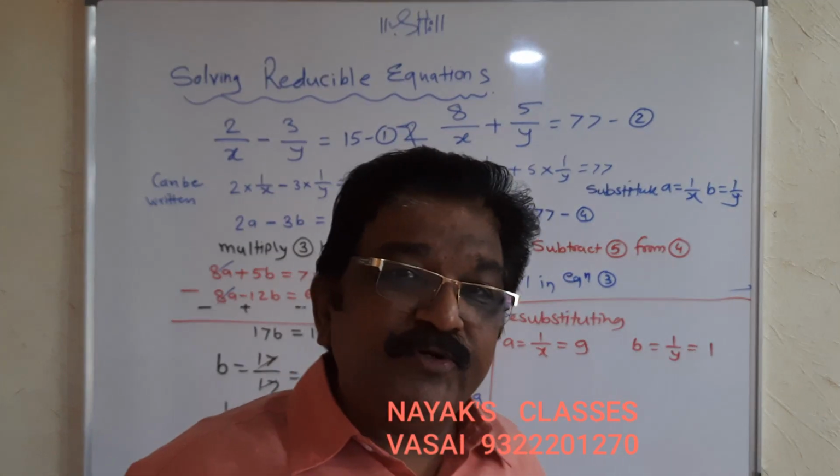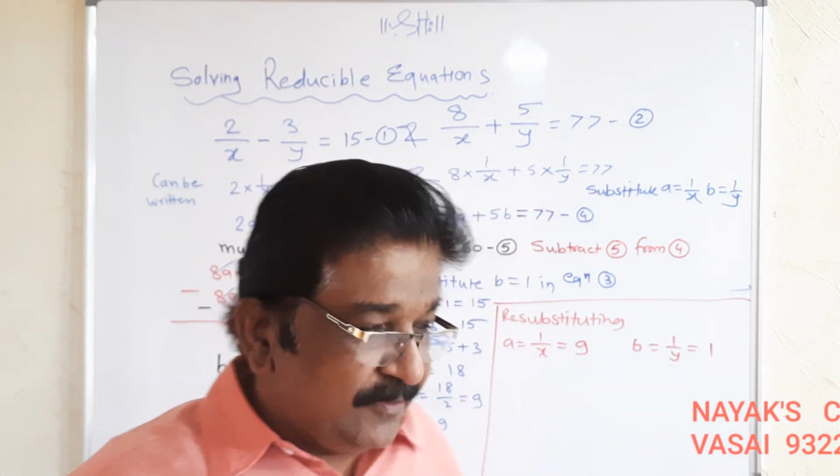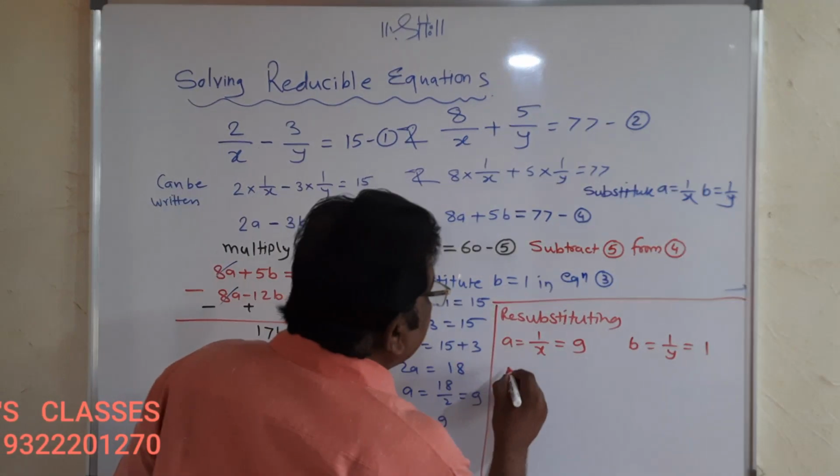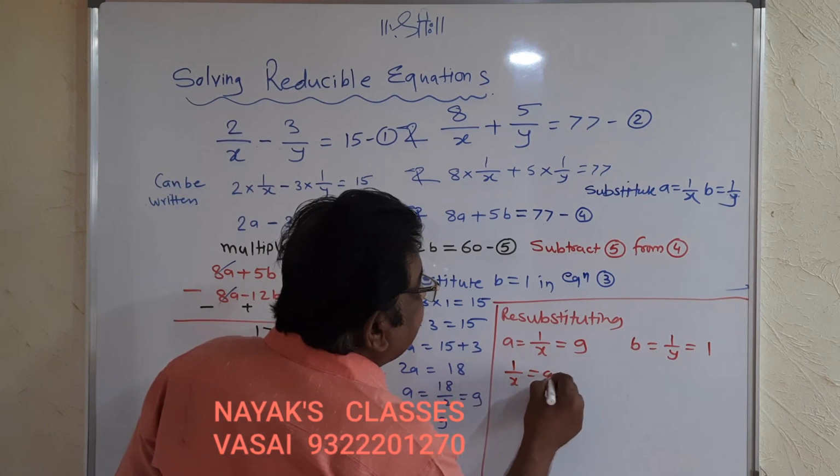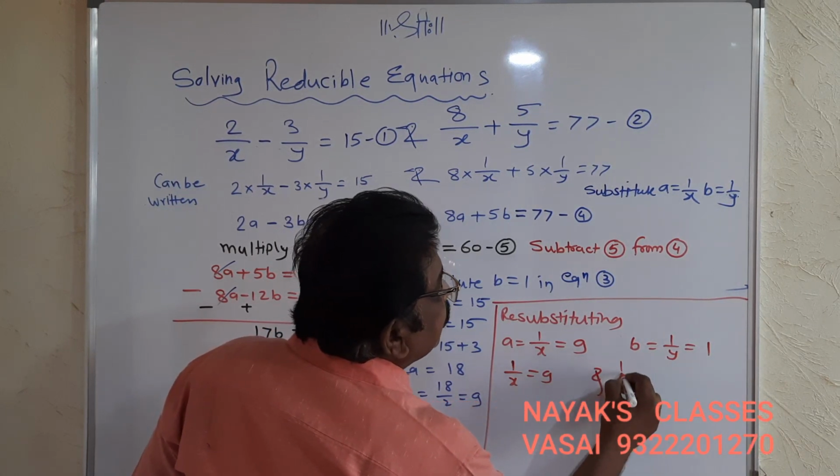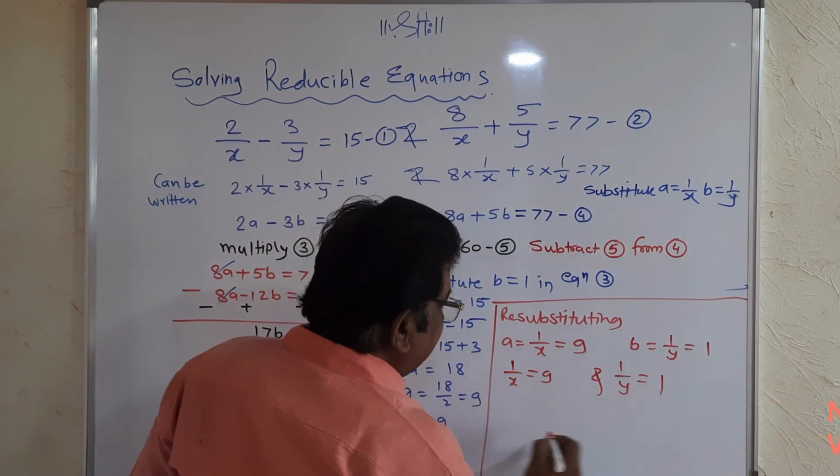So 1 upon x is equal to 9 and 1 upon y is equal to 1.